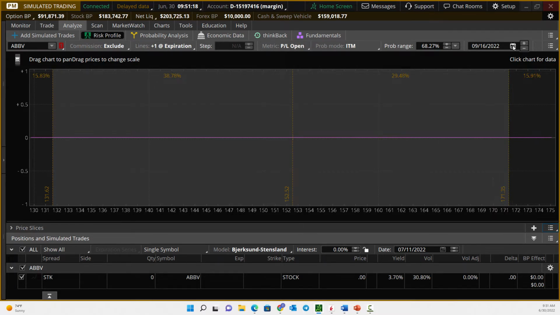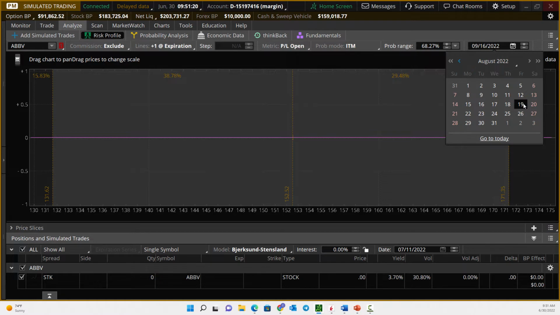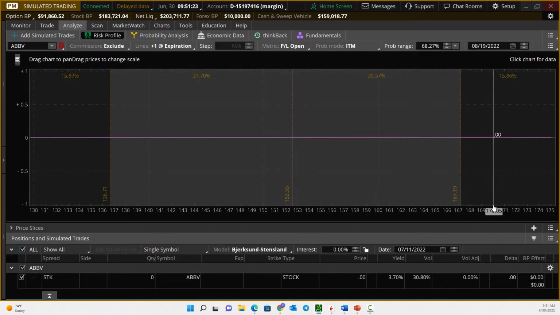If, for example, I go back to August, you'll notice that targeting 170 isn't real doable, meaning it's outside of the probability range. It's telling you the probability of getting to 170 just isn't likely. About as good as it could get is 167 based on probabilities.